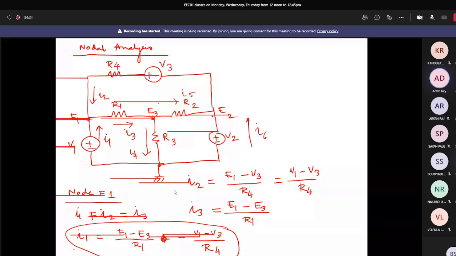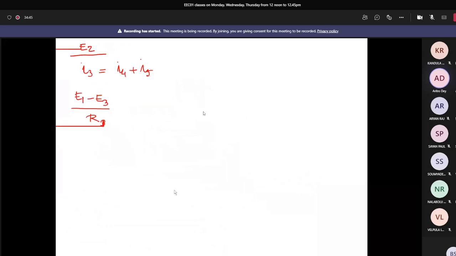And I5 will start from E3 to E2. So it is not this full one; it is here, then here, then here. So E1 minus E3 divided by R1 is equal to E3 minus 0, this is ground potential, divided by R3, equal to E3 minus E2 divided by R2. Isn't it? Any doubt there?